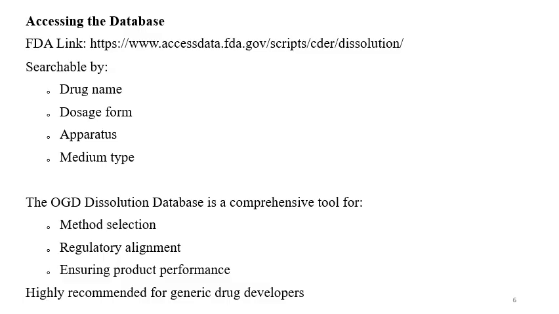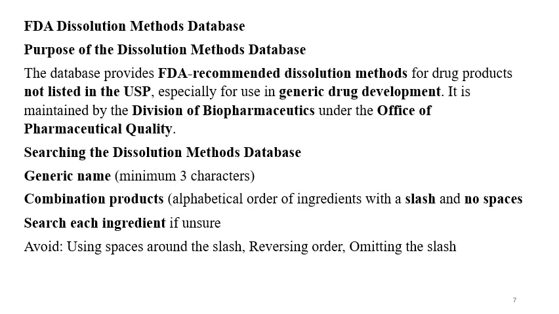The OGD database is a very comprehensive and important tool for method selection, regulatory alignment, and ensuring product performance, and that's why this database is highly recommended for generic drug developers. Now see some of the important points for the FDA dissolution method database.